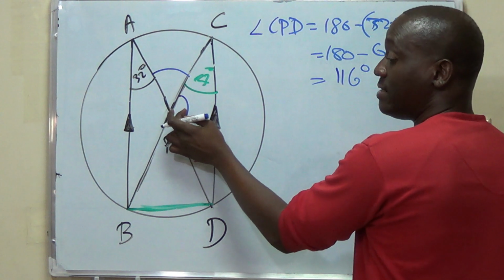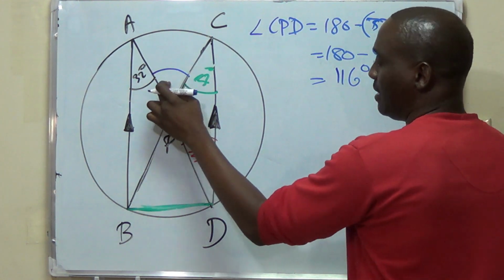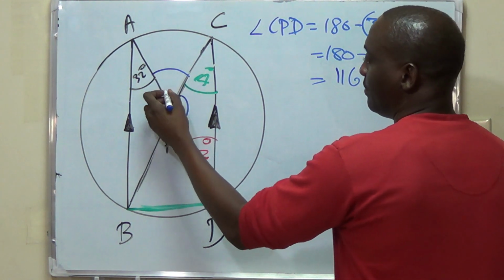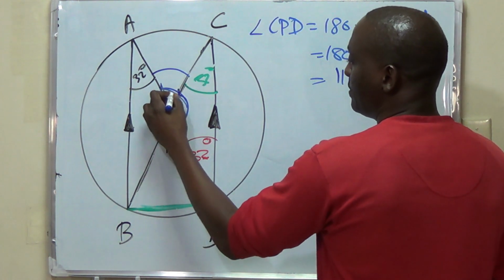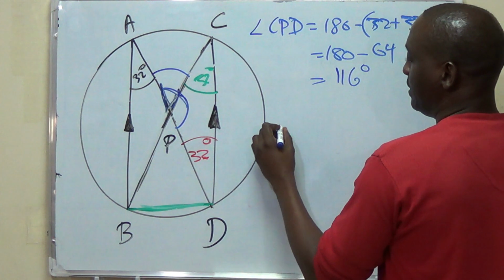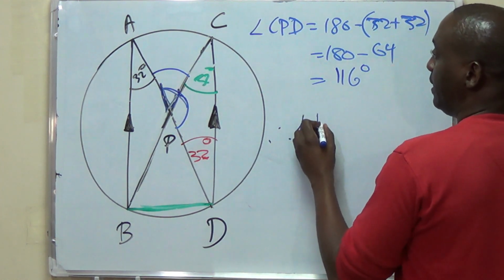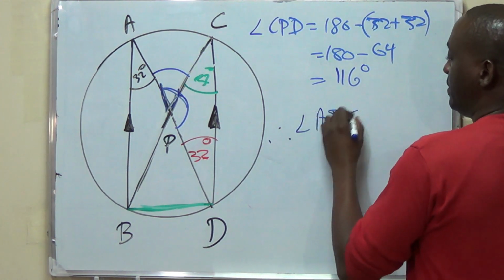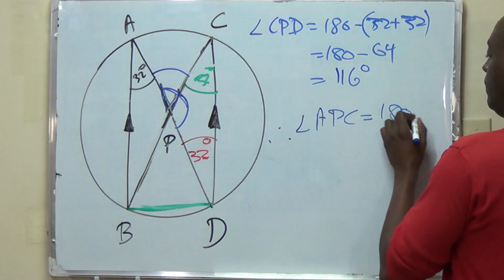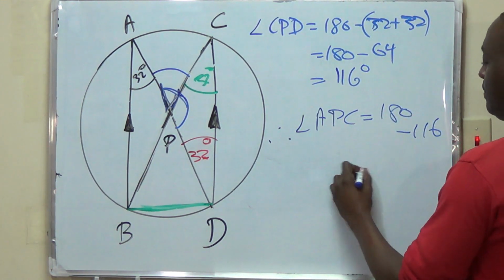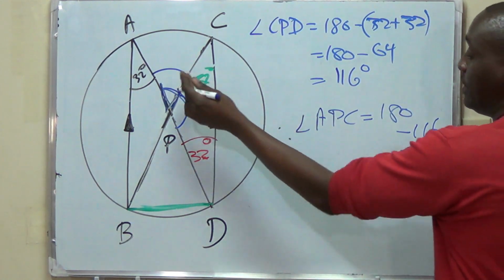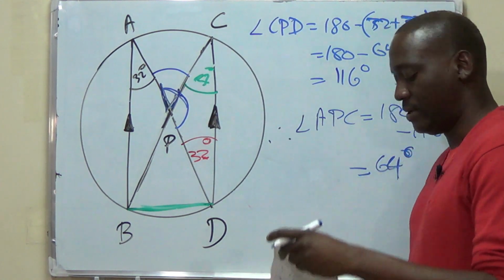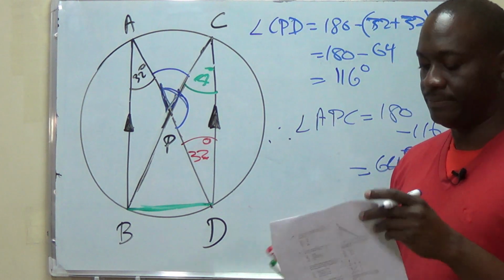And if this angle is 116 degrees, then these two angles of course would add up to 180. So this angle here, which is the angle we're trying to find, angle APC, is equal to 180 minus 116, which is equal to 64 degrees. Good? So in this case, the answer is 64 degrees, which is answer B.